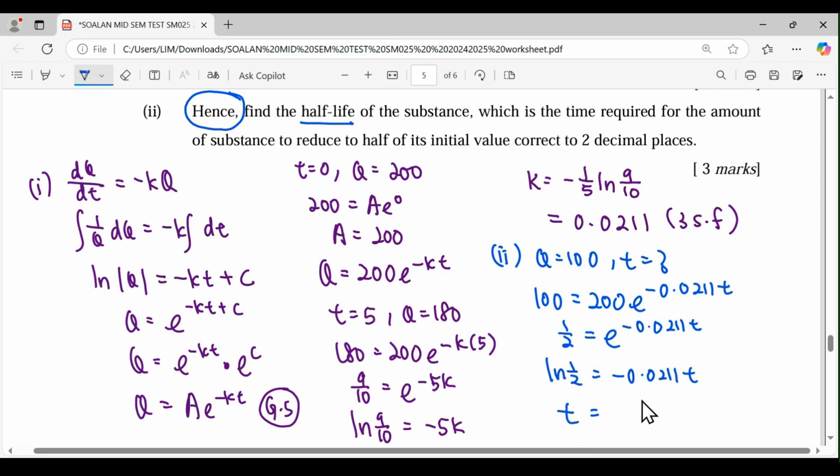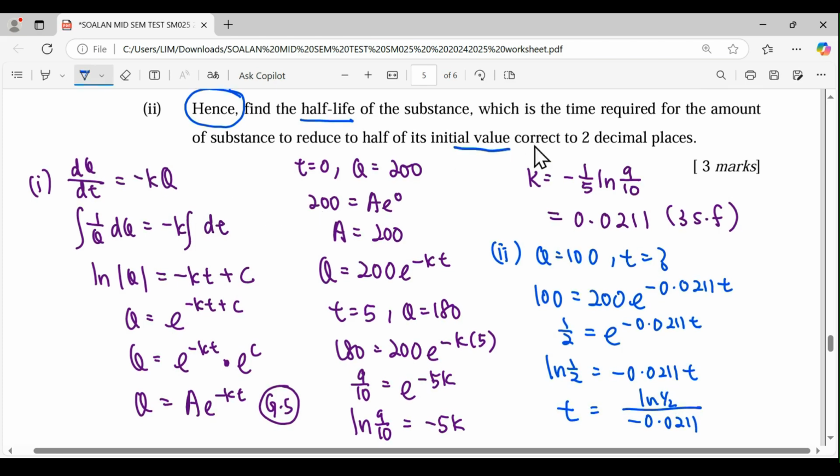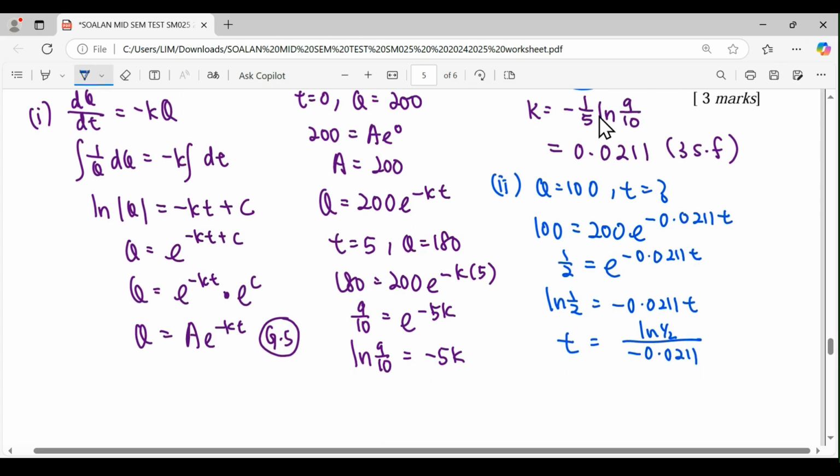And the t will be ln 1 over 2 divided by negative 0.0211. Correct your value to 2 decimal places. So it gives us 32.85. So this is days in the unit.